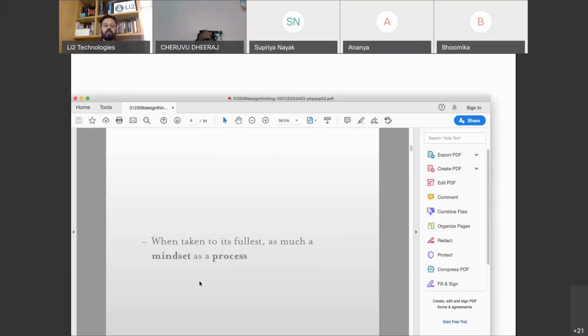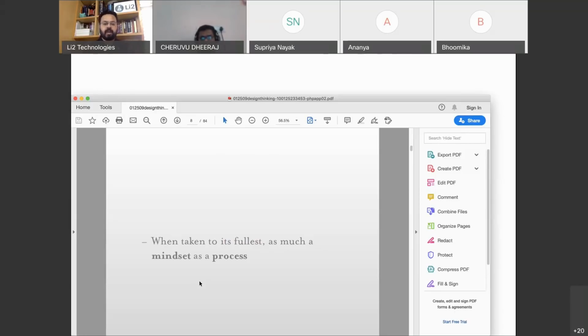So it is more of a mindset than it is a process. That's why I said design thinking is not a formula, right? It is a mindset. This is very, very important for especially people who want to be entrepreneurs to understand that there is no mantra.